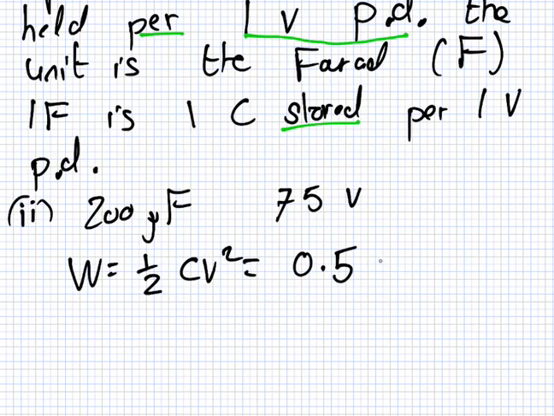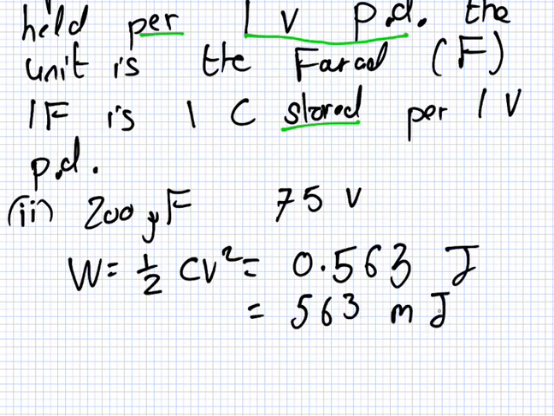If I put in the micro, it'll work out without a micro because the voltage is so large. So I get this many joules. Or some people might like to write this answer as 563 millijoules. Well, it's only 1 mark, so it can't be that much work.